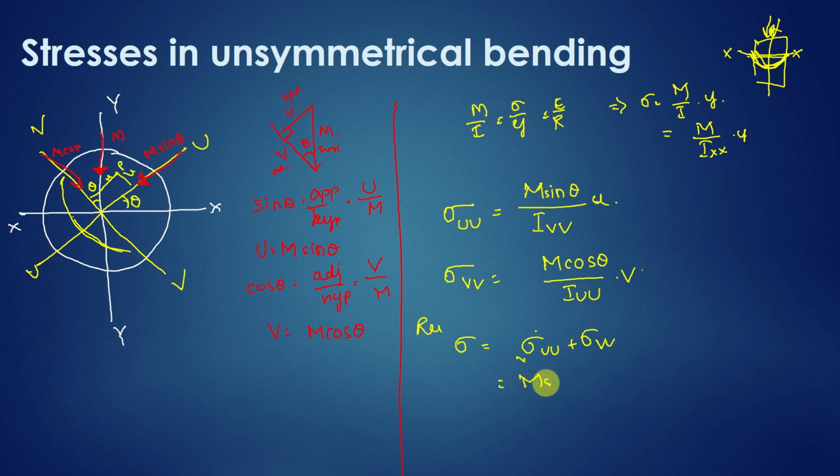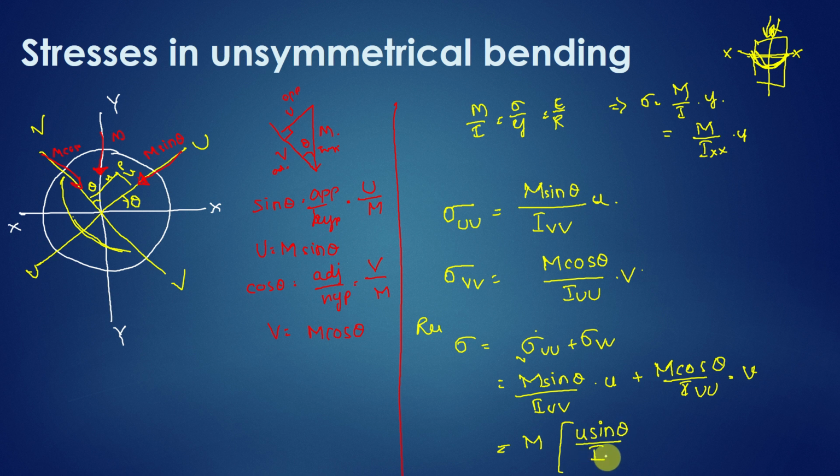So M sin theta by Ivv into u plus M cos theta by Iuu into v. So I will write it with M taken common: u sin theta by Ivv plus v cos theta by Iuu. Remember that, that is about resultant stresses.